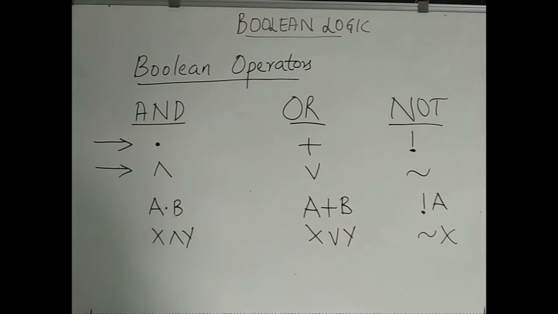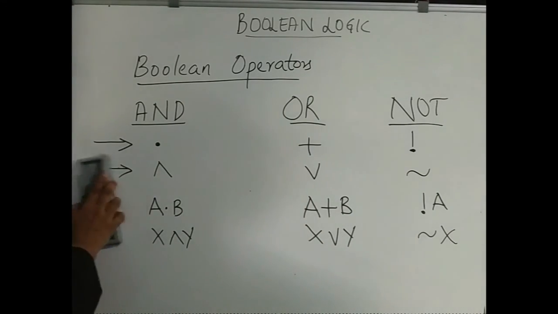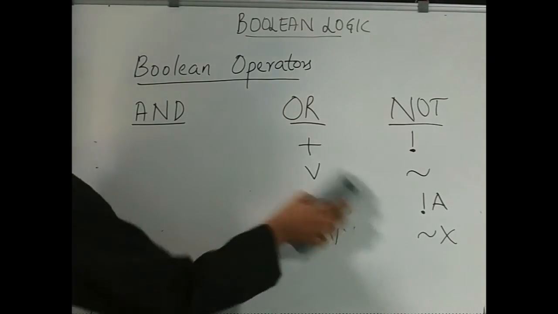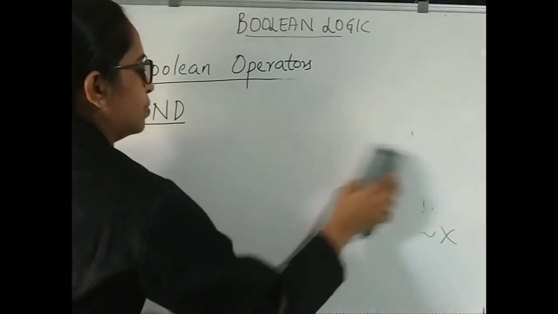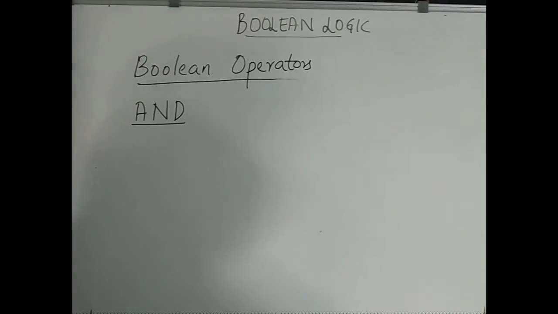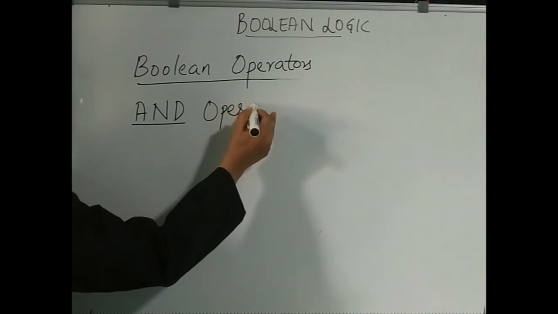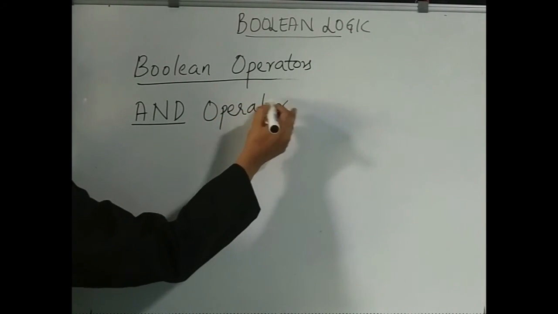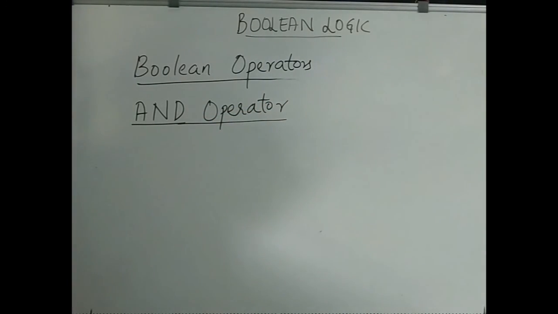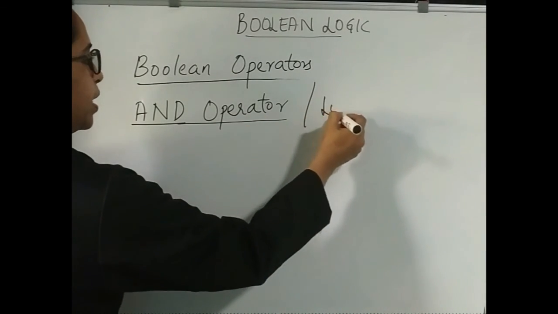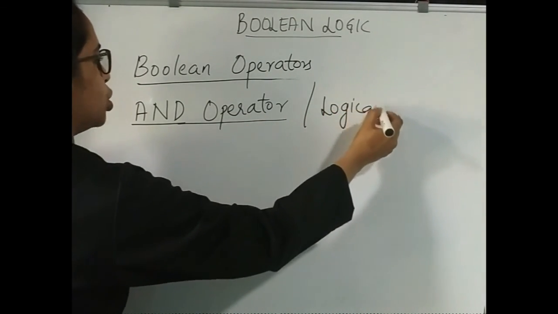Now, let us see each operator in detail. First we will see the AND operator. As I've already told, it is represented using a dot operator, and it is also called logical multiplication.